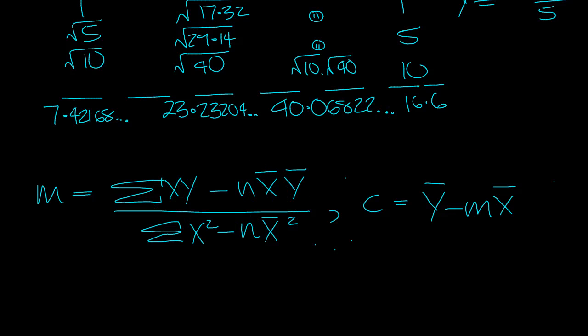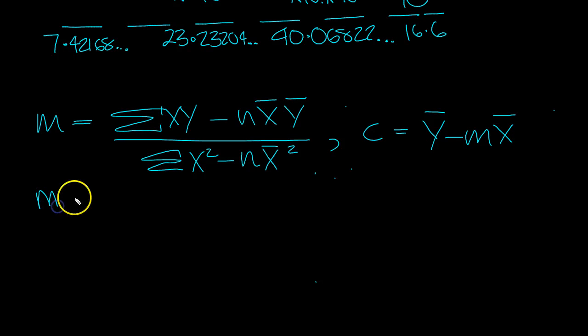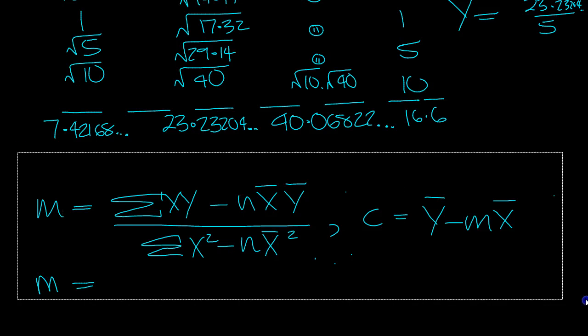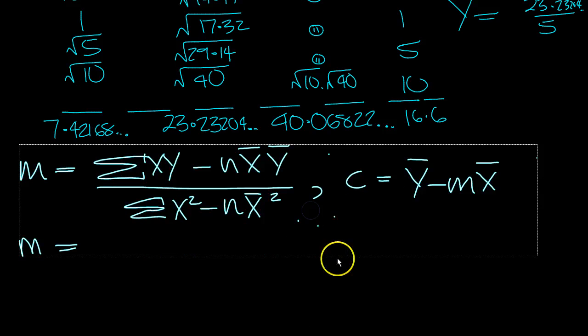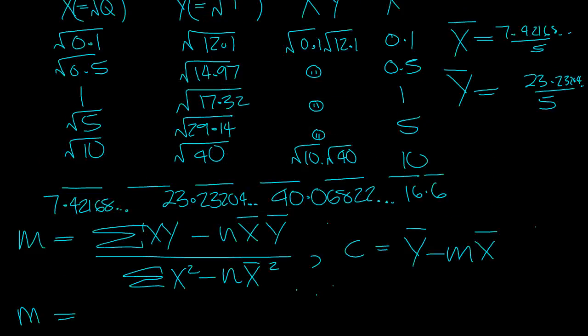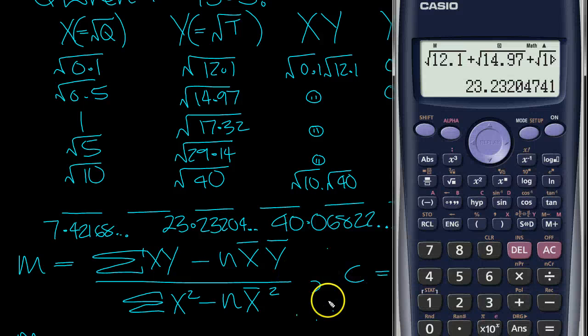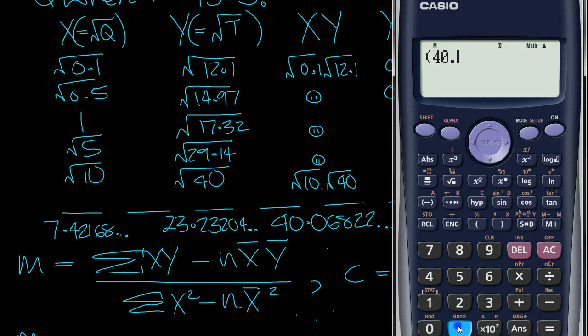Summation of the xy's then. I'm just going to tap it in the calculator. So let's see what we get. Let's move this up just slightly so we got a bit more room. Okay, so m equals xy, this one then, on the top, 40.06822 minus 5 times, but there's over 5 and over 5, so one of those will cancel, and there'll just be a 5 underneath, and there's the x and y values, isn't it?